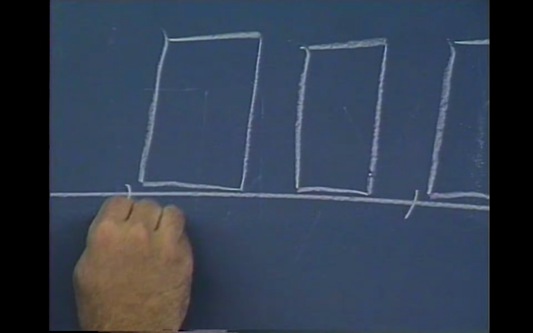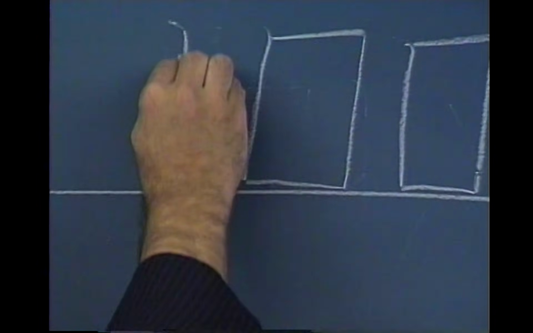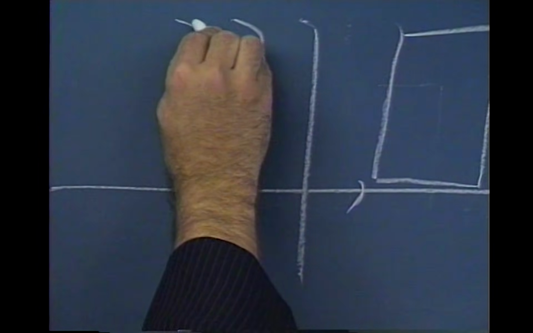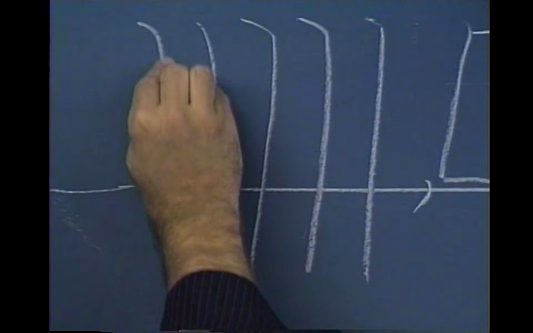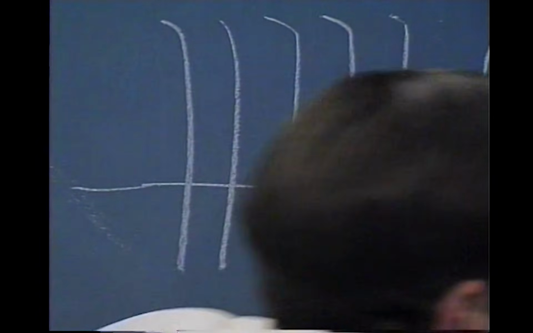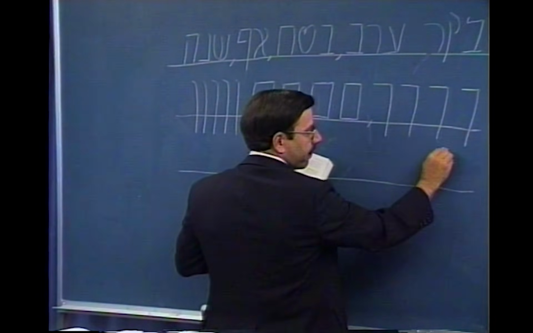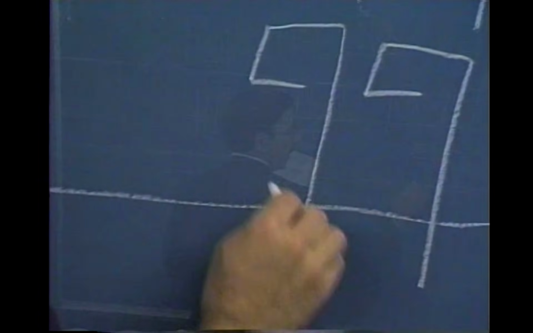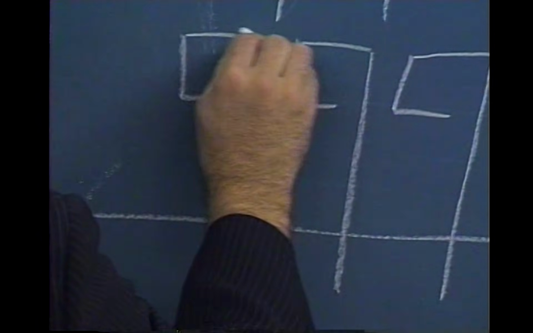All right, the next one is noon. A little bitty flag, bring it all the way down. Noon, noon, noon. All right? And then the last two is the pay. Bring that down, pay, pay, pay.